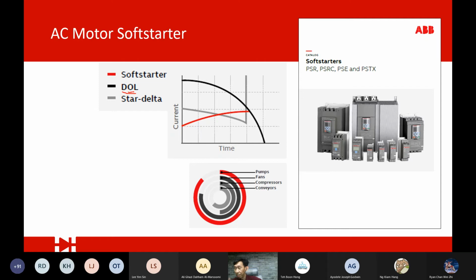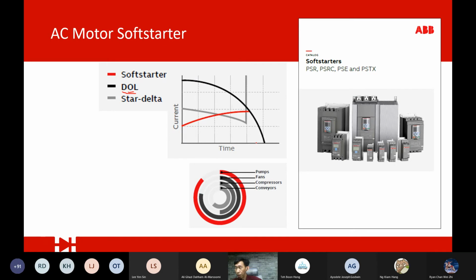This direct online is not the internet online. It means that it's connected directly to the three-phase. So what happens is that when you start, the inrush current is very high. As the motor rotates, the current will reduce in time.